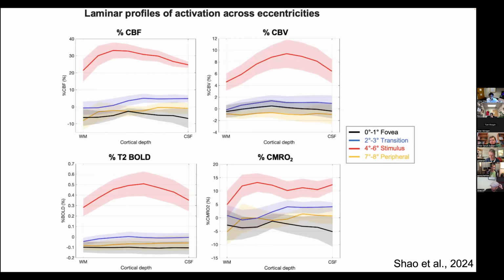There's also a recent publication from the USC group. They also measured positive and negative fMRI. The red curve shows the visual field within their stimulus, so you see the positive change close to the middle layer. But outside of the visual field, for example in full field or in peripheral, the black curve and the yellow curve peak in the superficial and also in the deep.